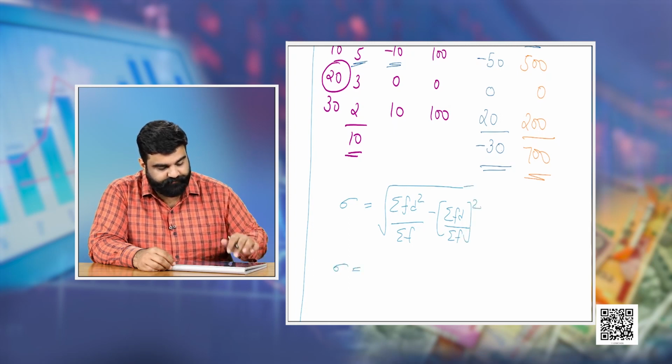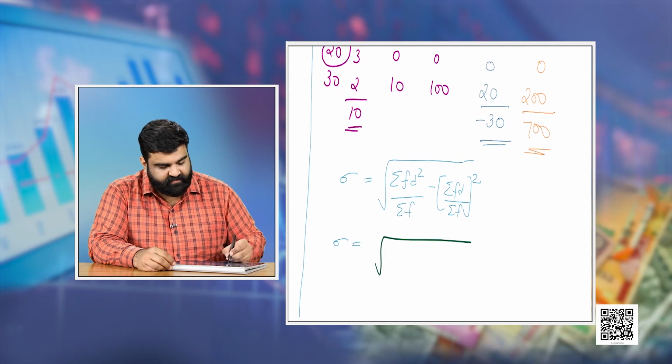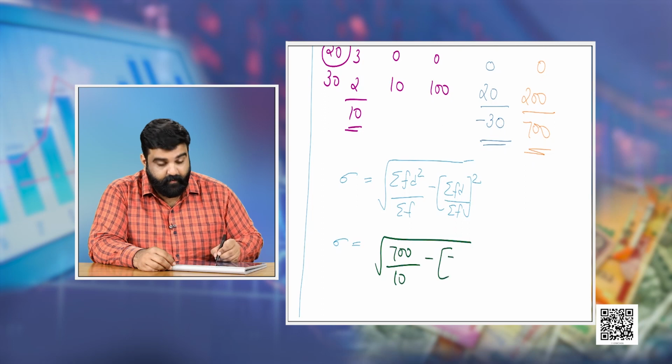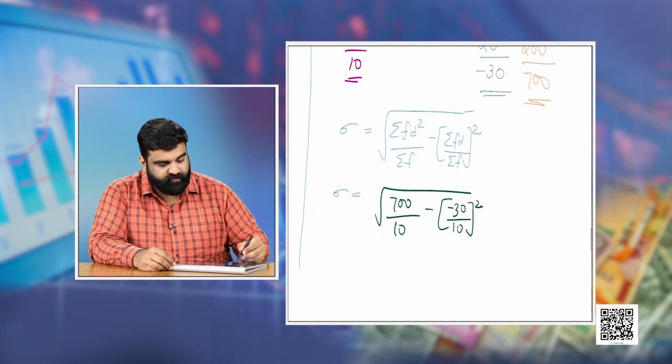So, we have the values as 700 by 10 minus 30 by 10 square. So, we have 70 minus 9, which is root 61. My final answer will be again 7.81.